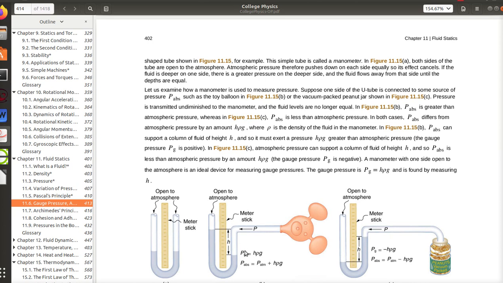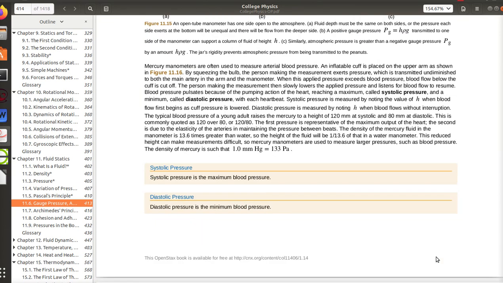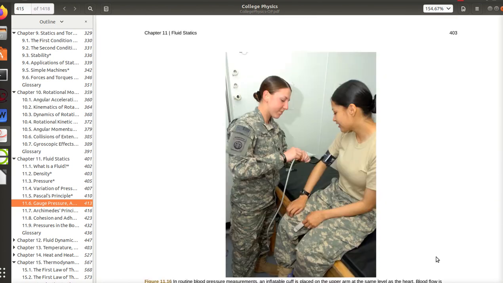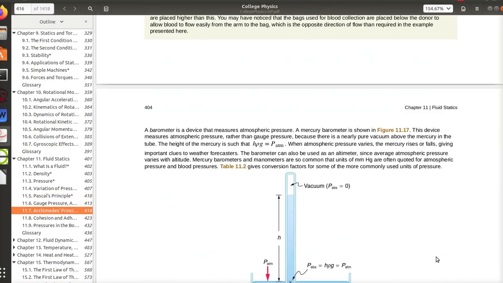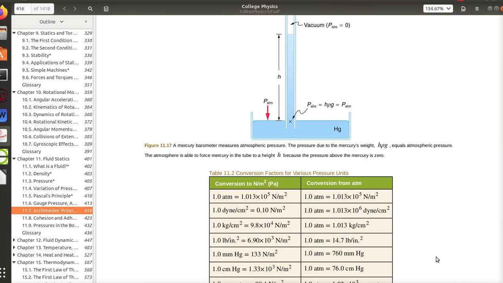But then if you close one side, then you can change the pressure, either increase it in a balloon or pull a vacuum when you're sealing peanuts. It's systolic, diastolic. I'm not going to get into the pressures within the body. I'm going to leave it outside the body. It's in the textbook if you'd like it.